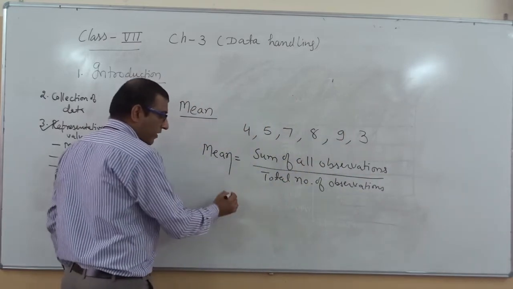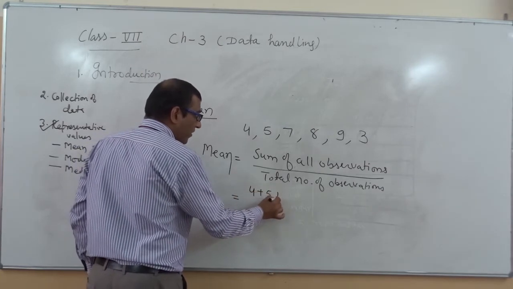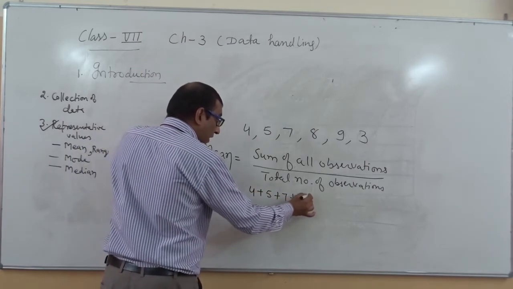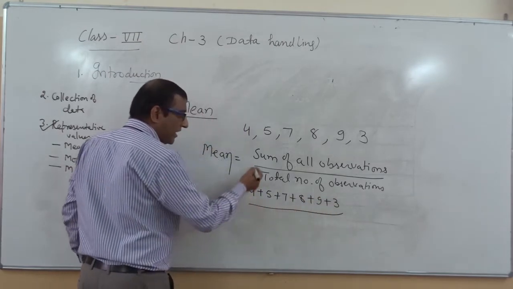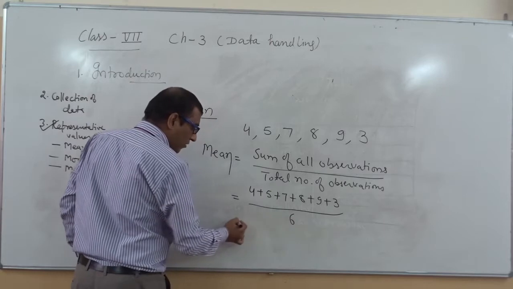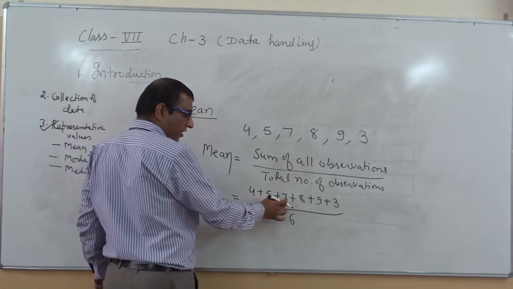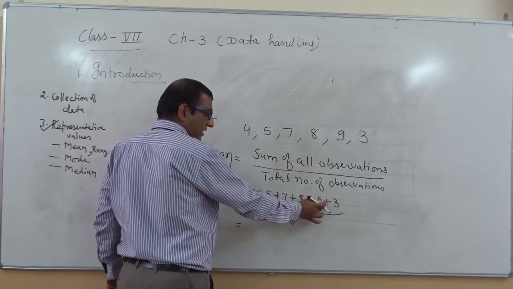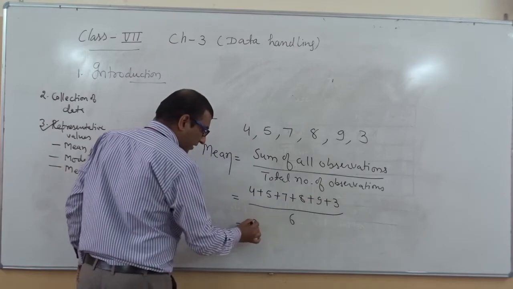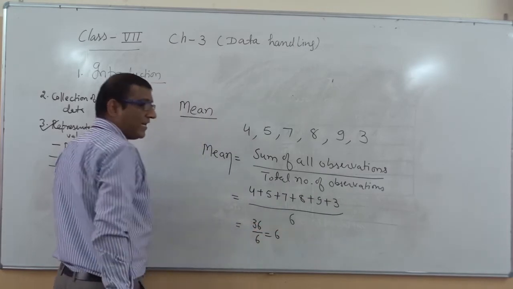Sum of all observations means we will add all these: 4 plus 5 plus 7 plus 8 plus 9 plus 3, and these are total 6 data. Now we will solve it. 4 plus 5 is 9, 9 plus 7 is 16, 16 plus 8 is 24, 24 plus 9 is 33, plus 3 is 36, upon 6. It means we will get 6.